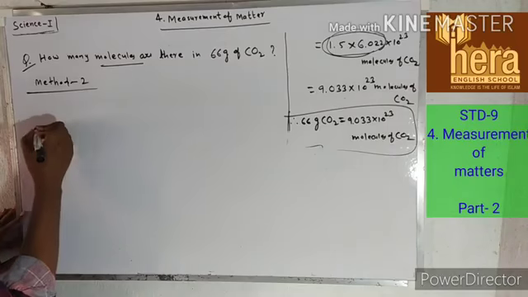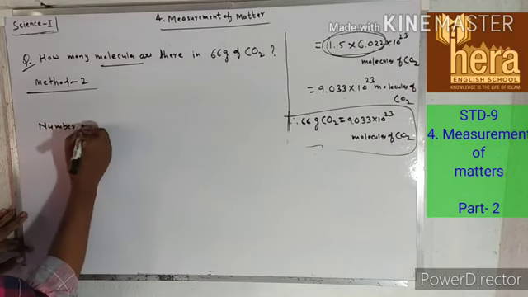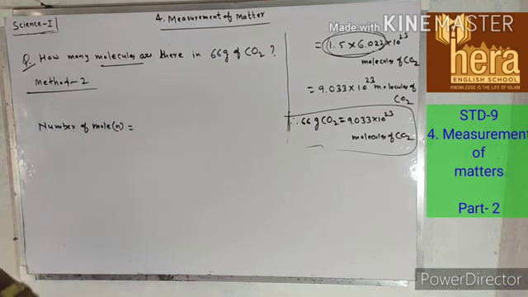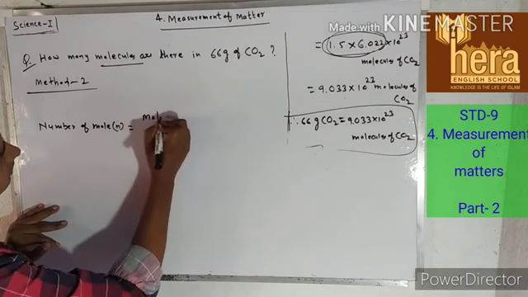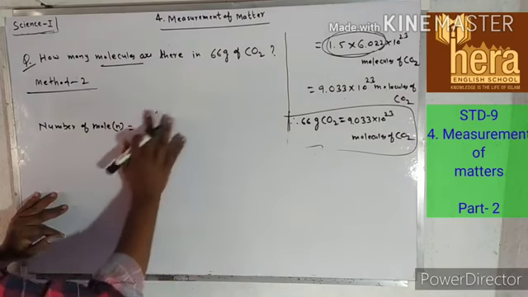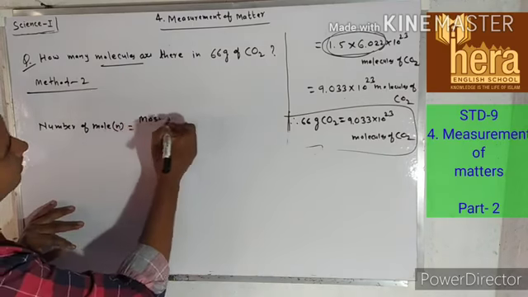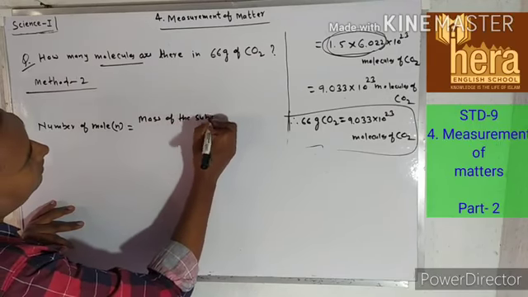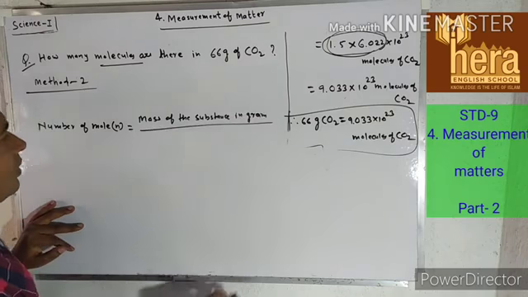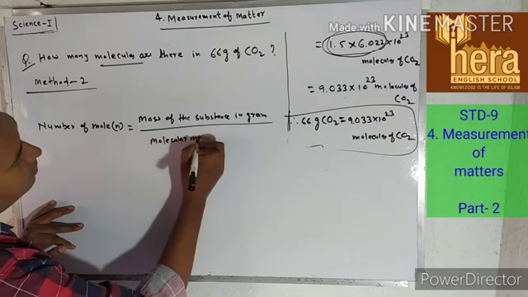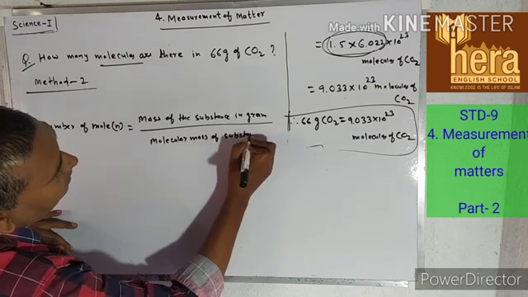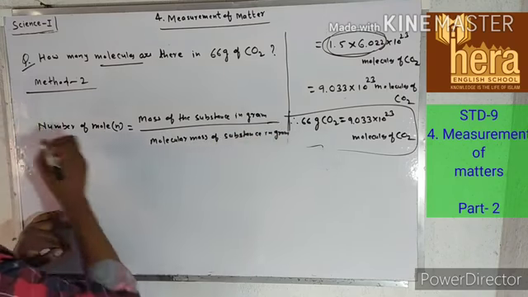Number of mole, which is represented by small n, is equal to mass of the substance in gram upon molecular mass of the substance in gram. There is one formula.